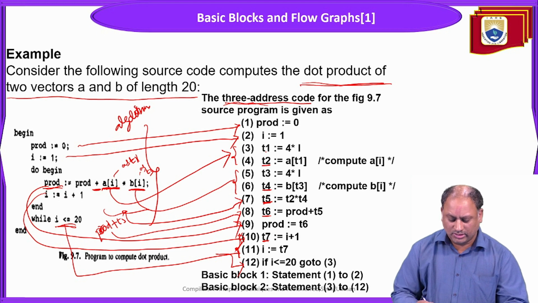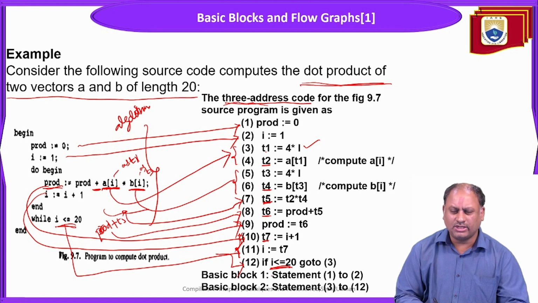That means once again you perform the condition checking, and while checking the condition we apply the go to statement. Based on the condition being true, it will go to 3. If the condition does not hold, then it won't go to the third statement. It comes to the end of the while loop, and it exits.